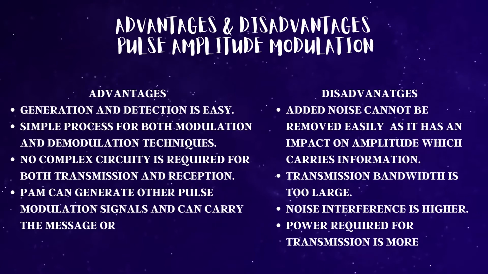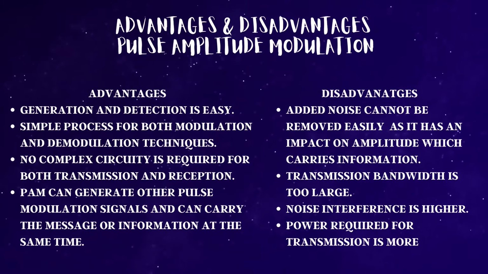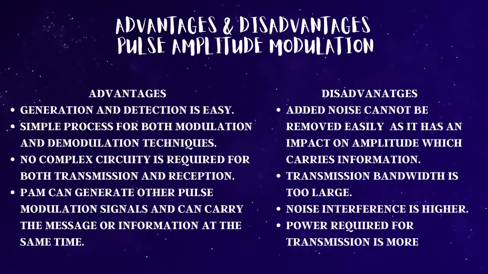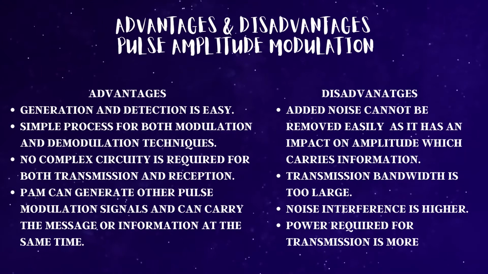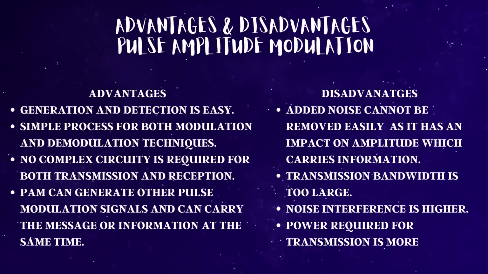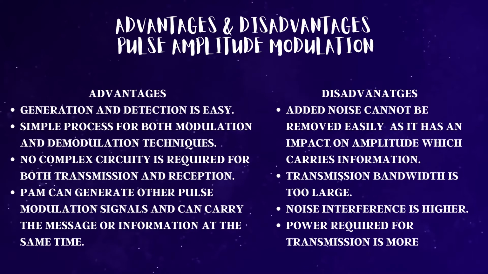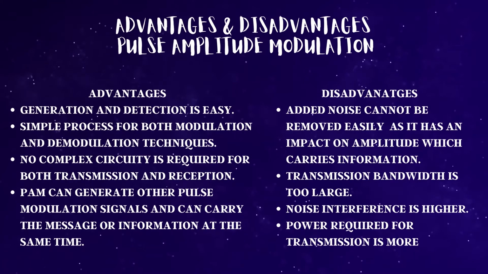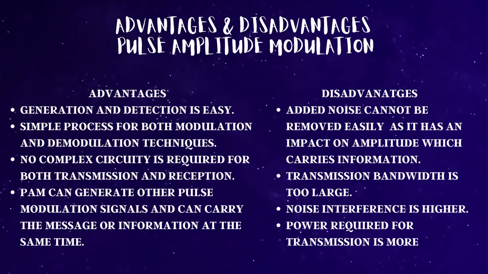Other than that, for pulse amplitude modulation, both transmission and receiving do not necessitate complicated circuitry. And lastly, the advantage of pulse amplitude modulation is it can generate various pulse modulation signals while also transmitting the message or information.